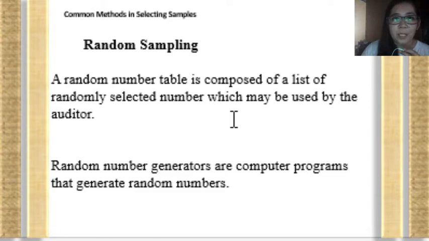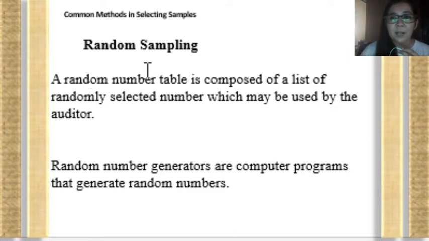This is a list of numbers that represents the items in the population. For example, in the asset account, number 1 is cash, number 2 is accounts receivable, and so on. Random number generators, on the other hand, are computer programs that generate random numbers for the auditor.